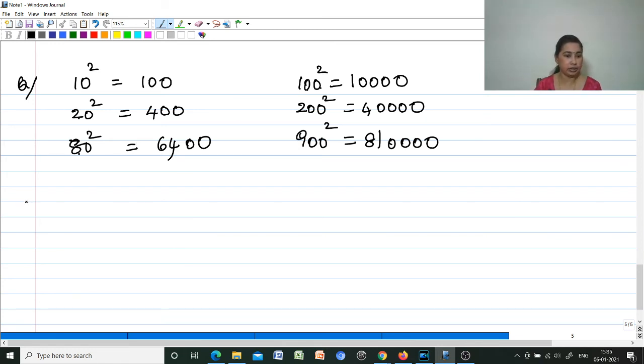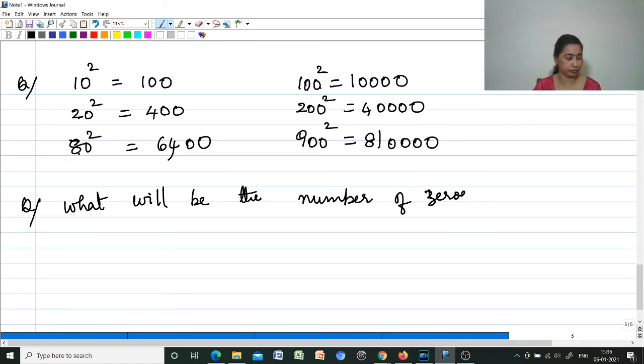Okay, now next one: what will be the number of zeros in the square of the following numbers?